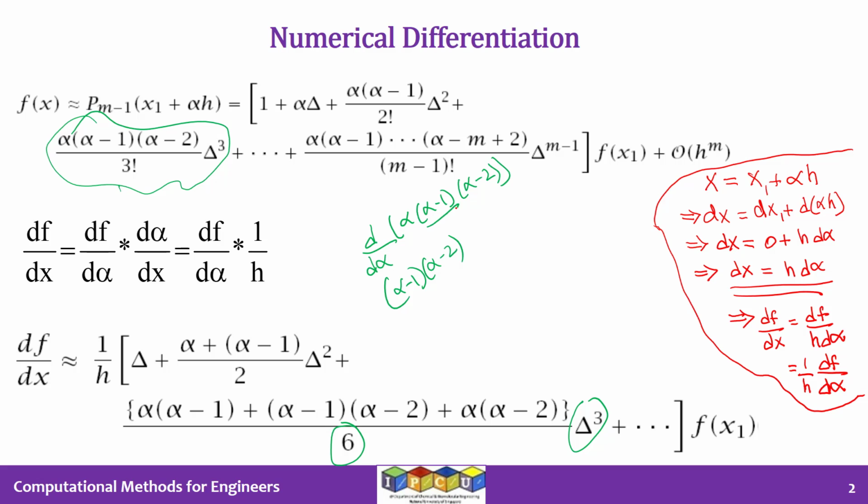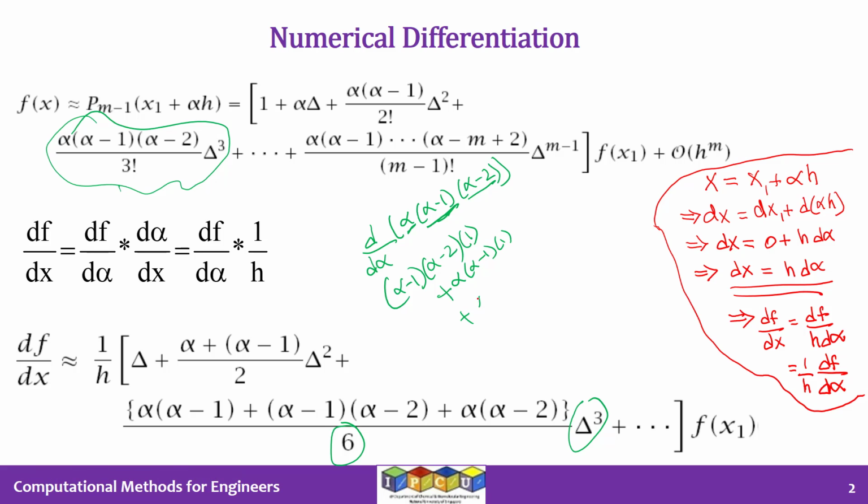Then I'm retaining these two terms, and then I'm going to do d alpha by d alpha, which is going to be 1. So that is going to be one term, plus I'm going to keep alpha and alpha minus 1 now. So alpha into alpha minus 1, and then differentiate alpha minus 2 with respect to alpha. That will give me 1 as well. So this is going to be one term.